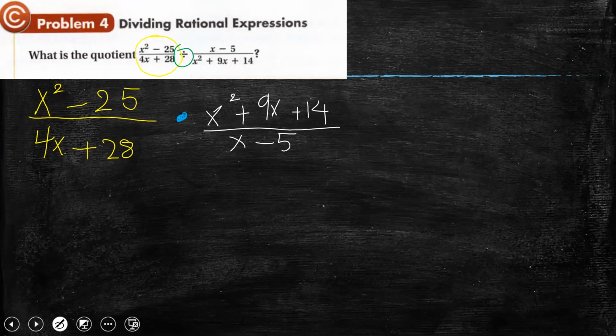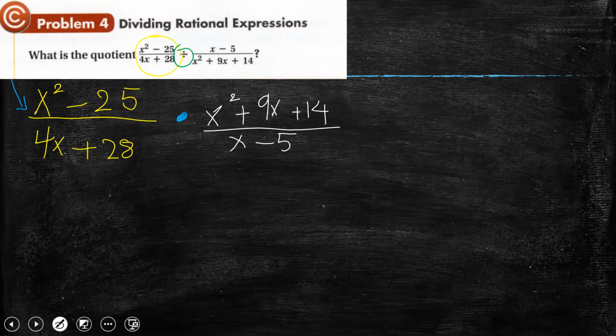Now let's continue here. Then after that, look here: factorizing. Now it becomes multiplication, so after I make this step, I go back to the multiplication.